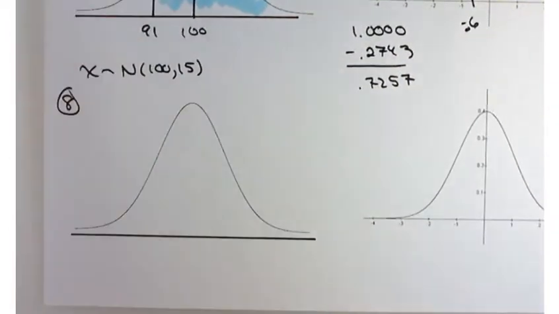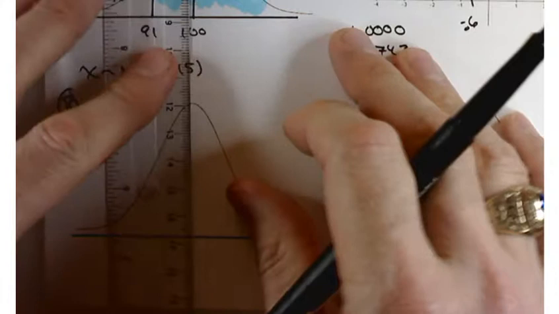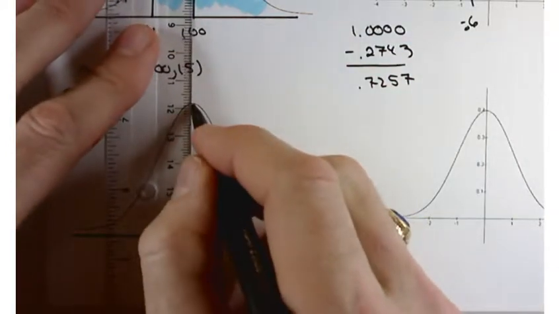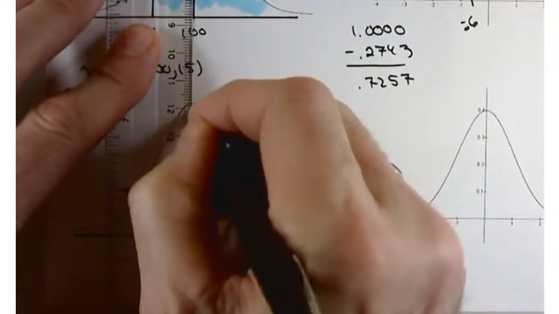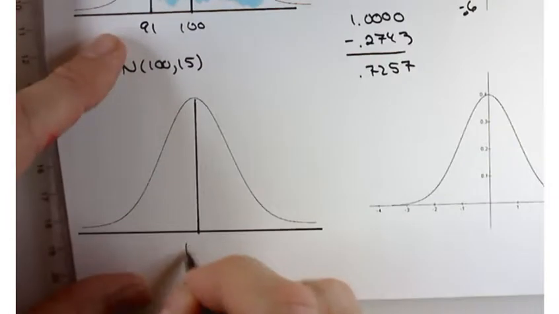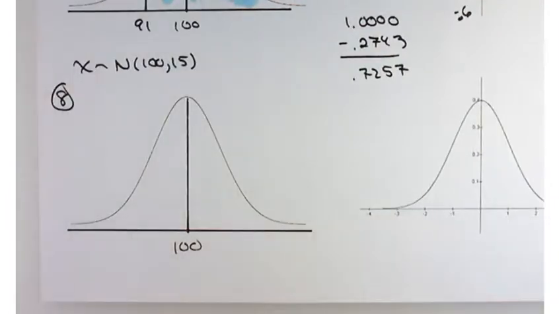In problem number 8, we want to find the probability that somebody has an intelligence that's between 112 and 124. So again, let's draw something that's at least reasonably accurate. Sketch in your mean correctly.